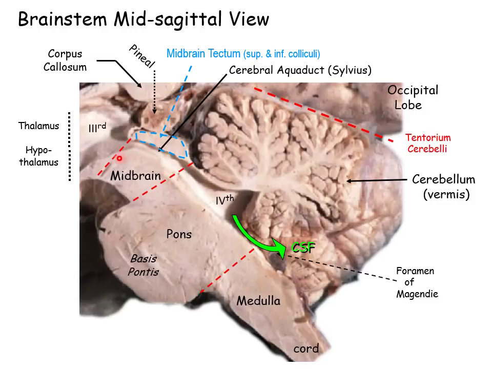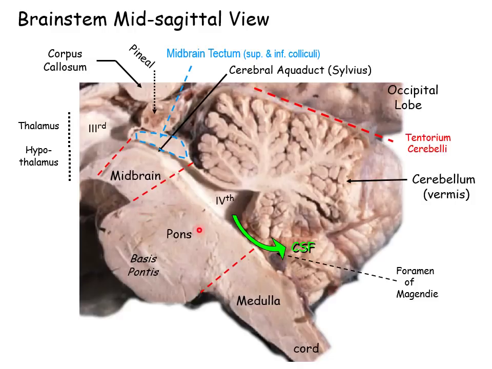We also see various portions of the brainstem, the midbrain here, and on the top of the midbrain, we see the midbrain tectum. And the midbrain tectum includes the superior and inferior colliculi, two different bumps that we'll see on the midbrain. And then below the midbrain, we see the pons and a very large basis pontis.